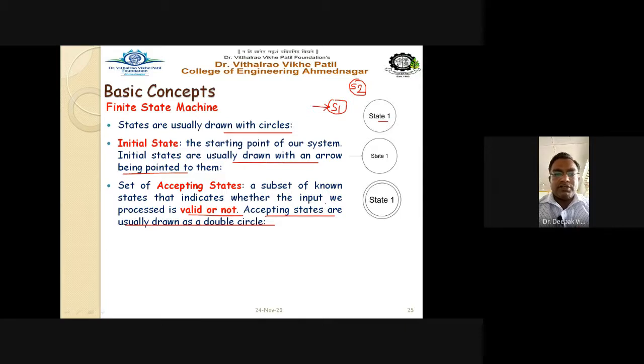For example, if the string 1010 is supplied to the machine and we must find out whether the string is accepted by the FSM, then we draw the final state with a double circle, denoted by a capital F. That is called the final state or accepting state.